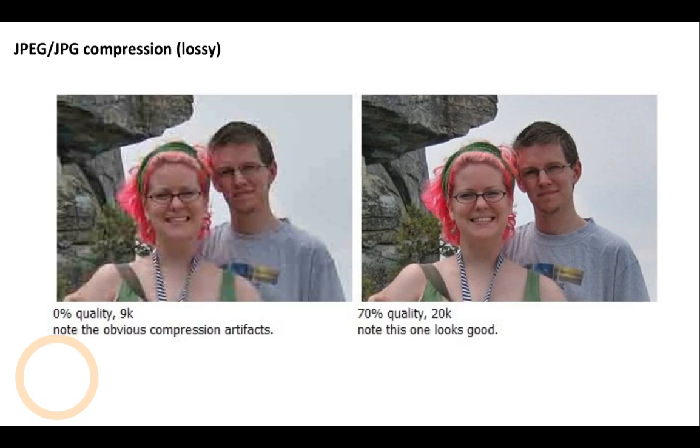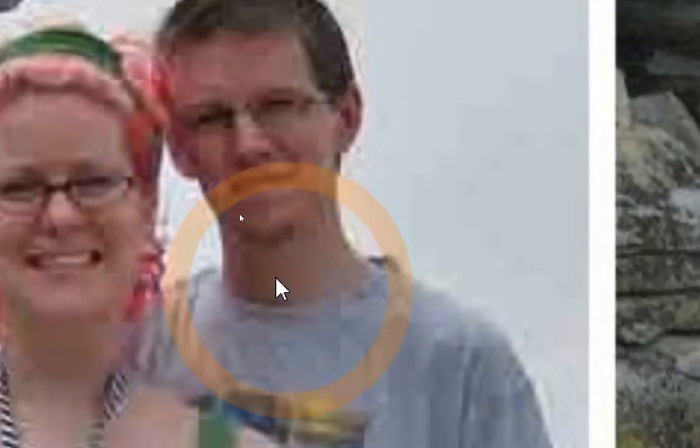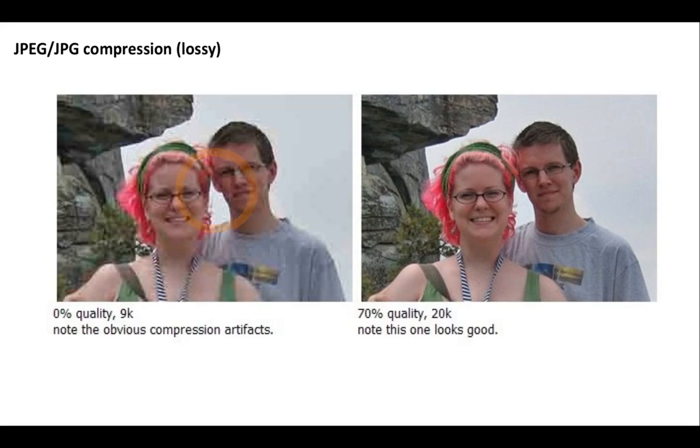Now, the problem with JPEG compression is that you can over compress it really, really easily. You can see this one is way too compressed, and so it actually turns into all these little funky blocks. These are actually called macro blocks. So be really careful when you are saving a JPEG image to not apply too much compression, and we'll take a look at what I mean by that in a bit.